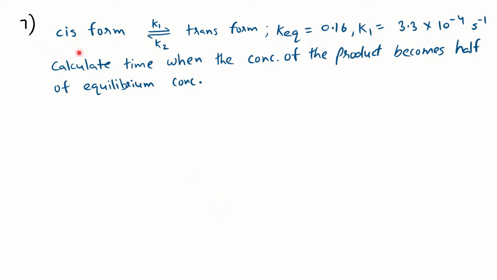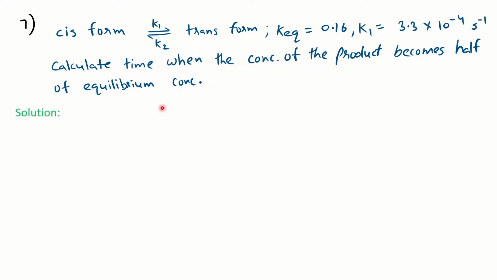So finally, they have given one more question here. Cis form, where K1 and K2 rates are given for the trans form. K equilibrium is given. K1 was mentioned here. They are asking you to calculate the time when the concentration of the product becomes half of the equilibrium concentration.